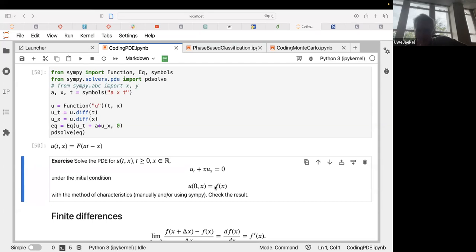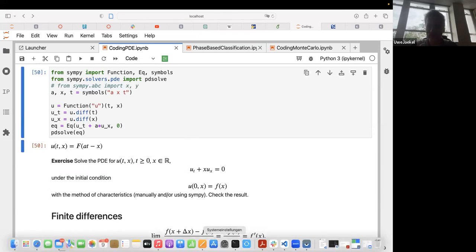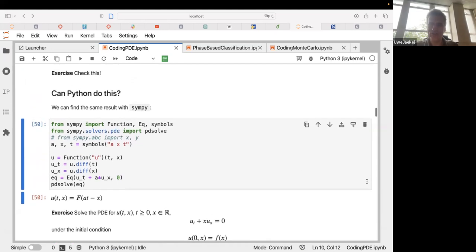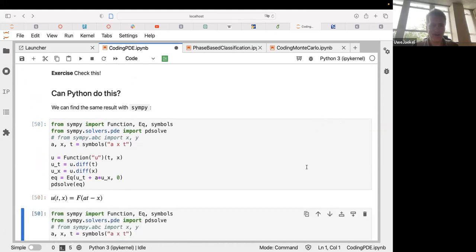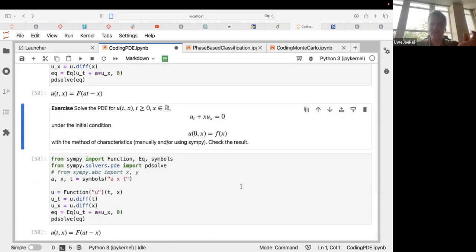Because this is a coding school, I would say the preferable way today should be SymPy. And what we do is we copy this one and just adapt this.